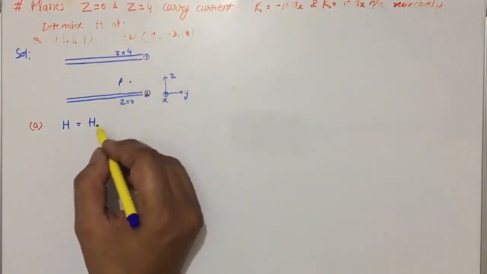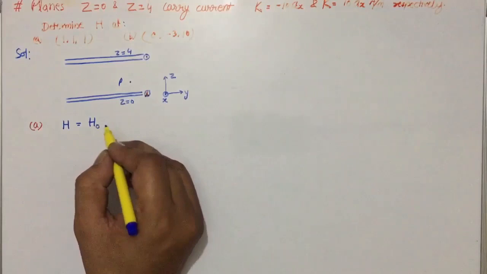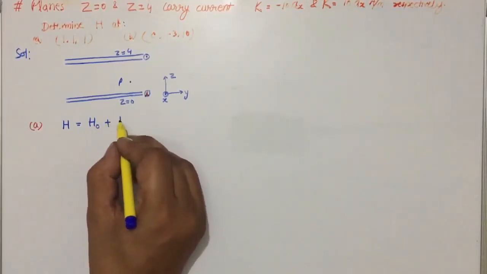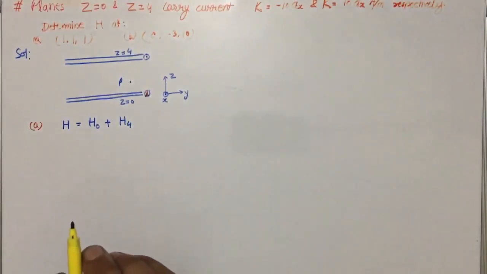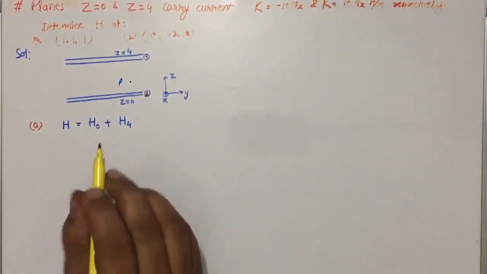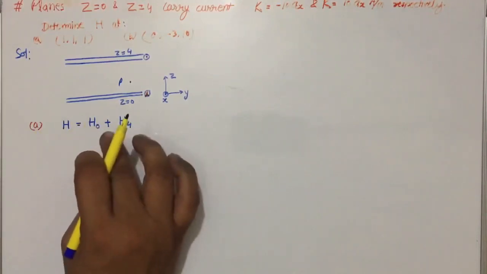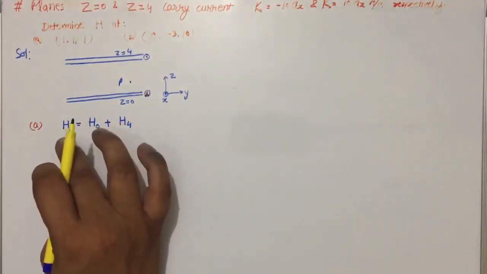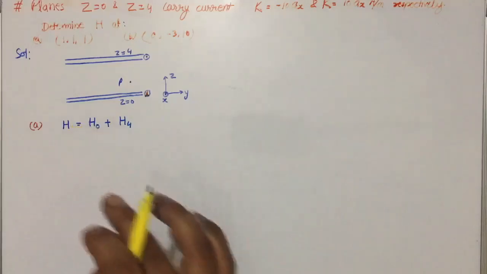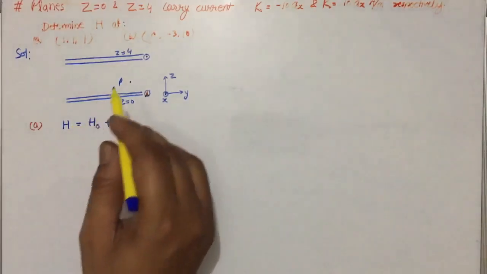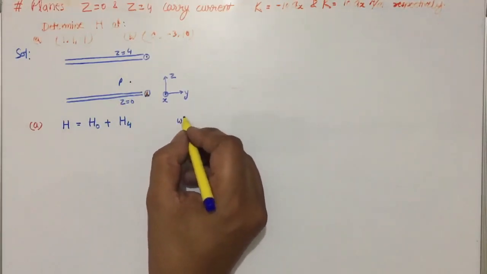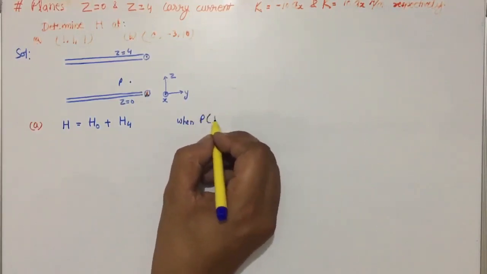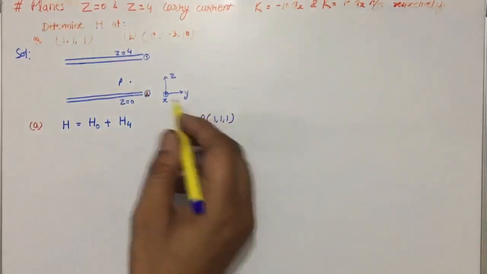So intensity due to Z is equal to 0 sheet and intensity due to the sheet which is having at level 4. Okay, so vector sum of these two will give us the total magnetic field intensity. So for this point, for point A, in the case when P is 1, 1, 1, then we are talking about.